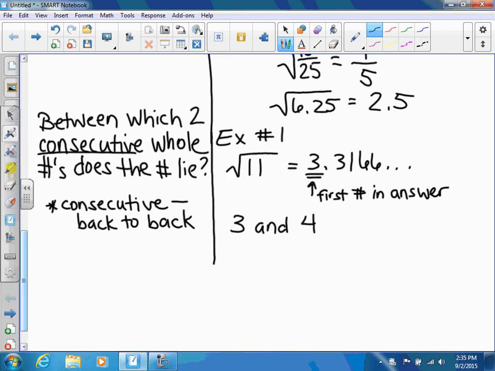Okay, now if they ask you to plot the square root of 11 on a number line, because you may see it written this way and that's all they want to know is 3 and 4, or they may ask you to place a dot on a number line where the square root of 11 would be, well then you would still use that same decimal and you would have a number line that has a couple of numbers on it so that you can plot some things.